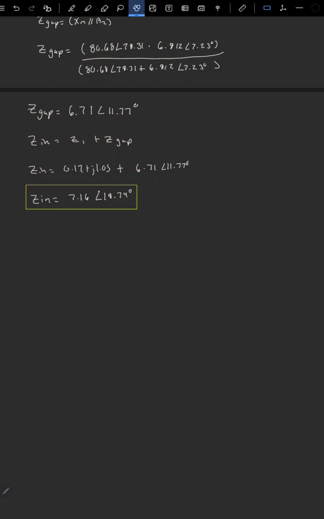So you found your total impedance that you're shooting for at this point. Now, is it long and tedious? Yes, very, but it's not bad.